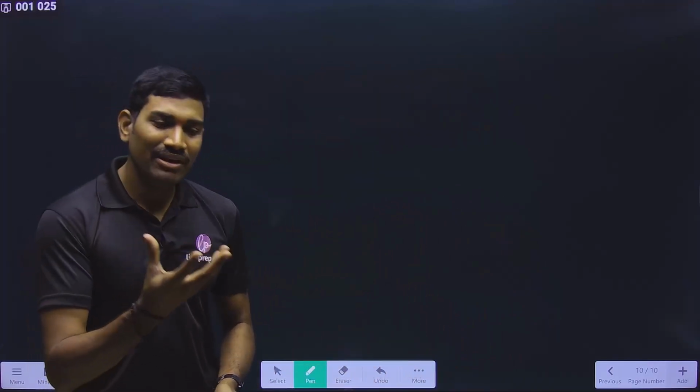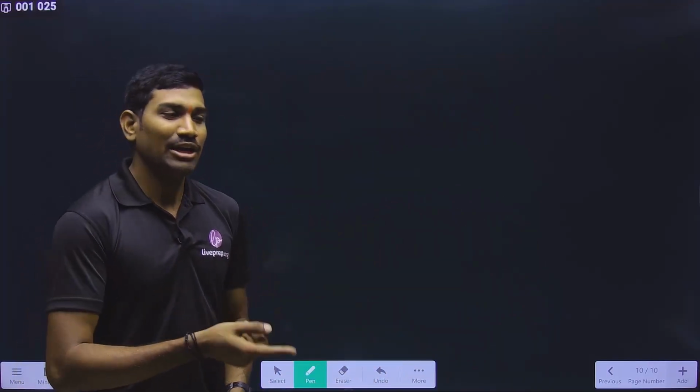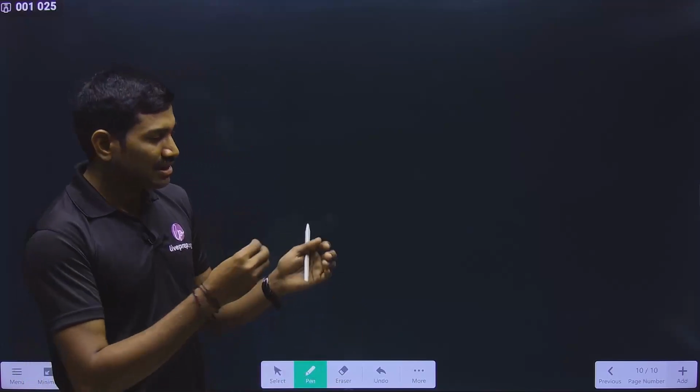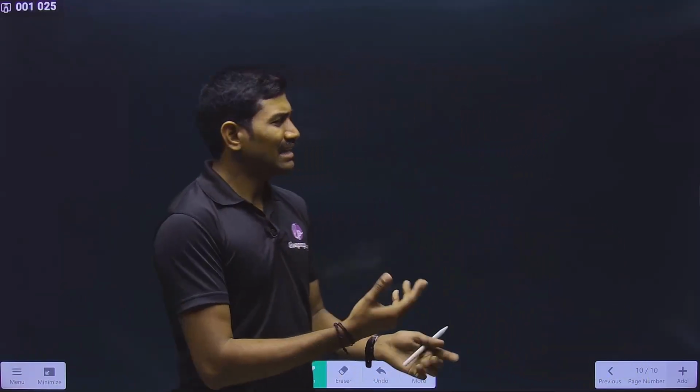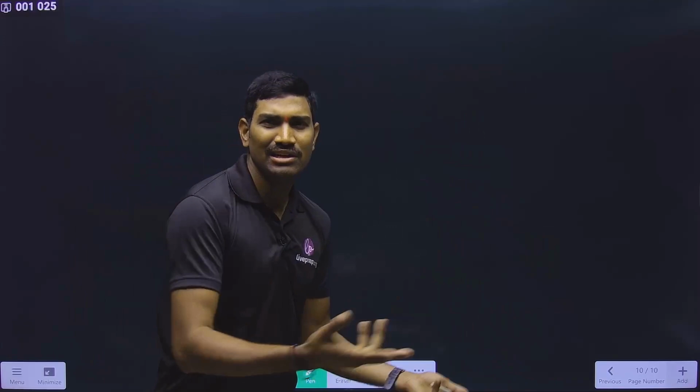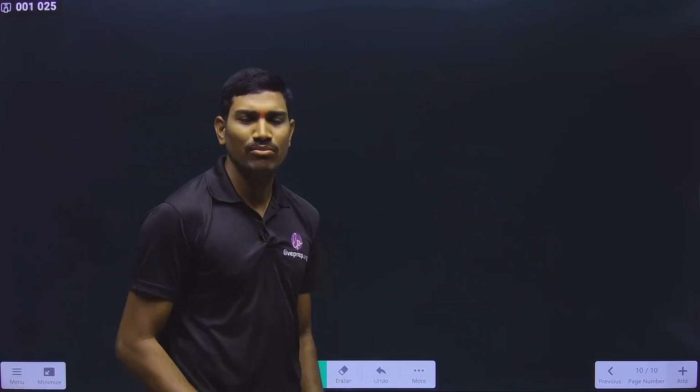But the remaining 20 to 30% is the most important and crucial concept, where students generally make mistakes, and those mistakes are responsible for not getting better ranks. So in the revision lectures we are focusing on those 20 to 30%, and the remaining 70 to 80% we can revise quickly without focusing more.